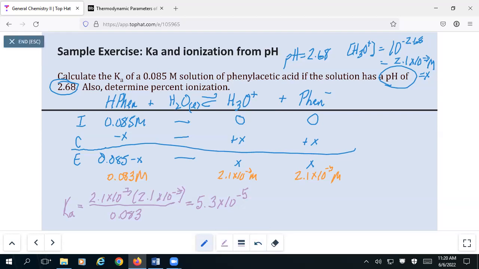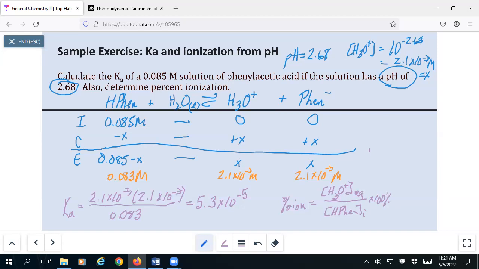Now to do percent ionization, I need the concentration of hydronium at equilibrium over the concentration of the weak acid initially, times 100%.